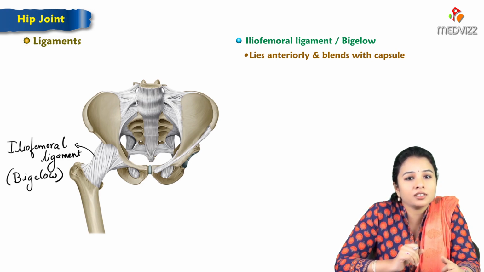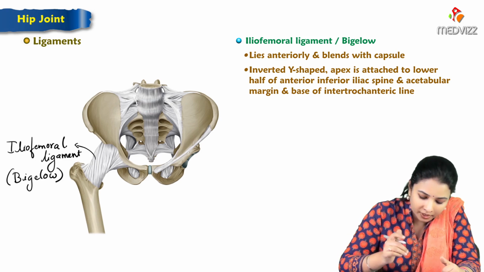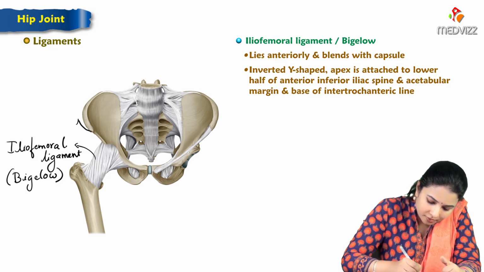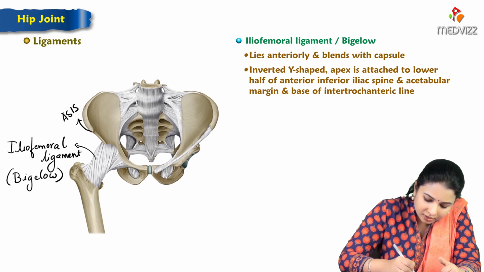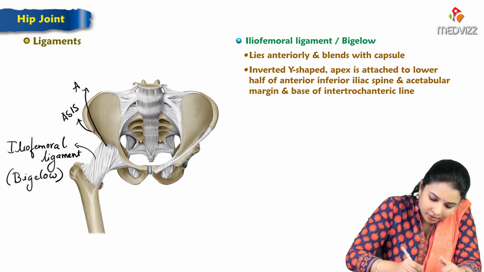This ligament is almost like an inverted Y shape, where the apex is attached to the lower half of the anterior inferior iliac spine. Here is the anterior superior iliac spine, and here is the anterior inferior iliac spine.